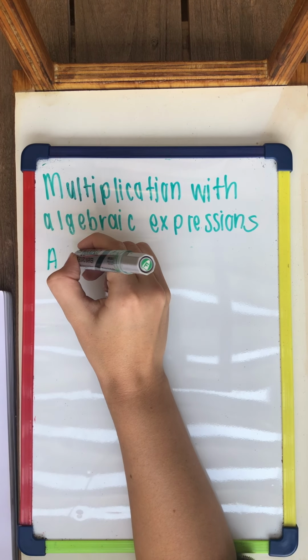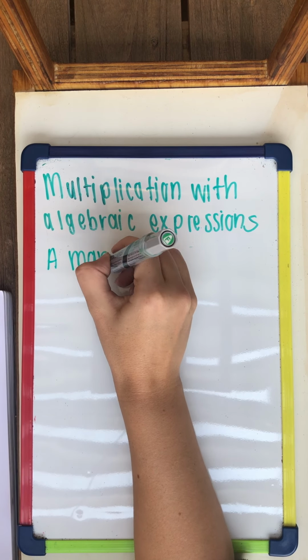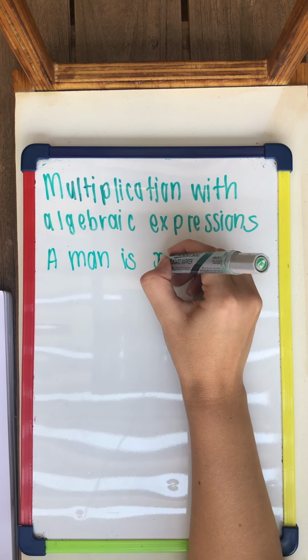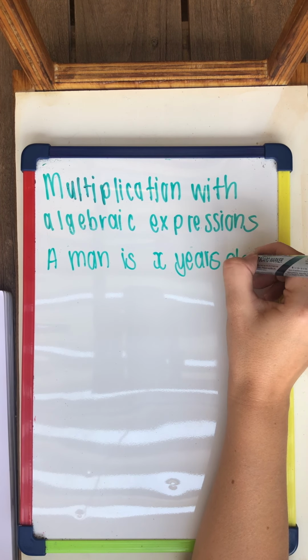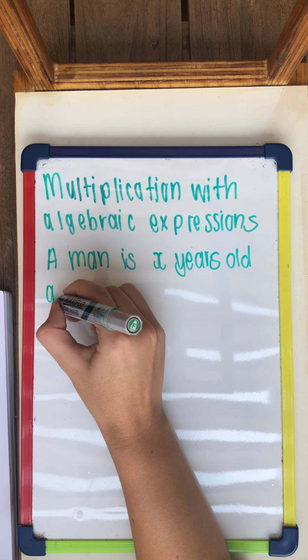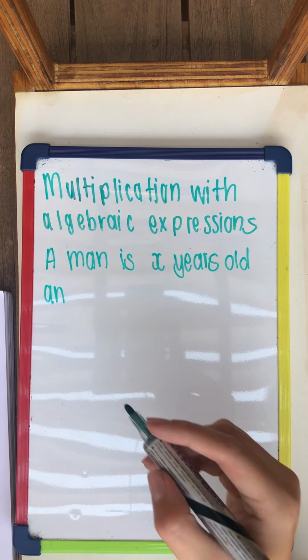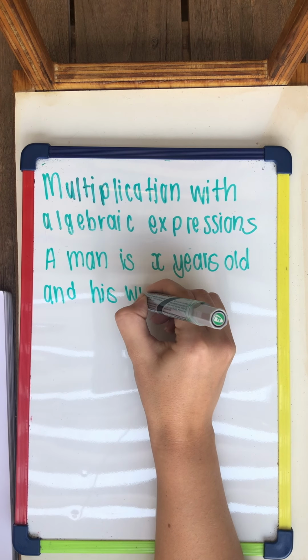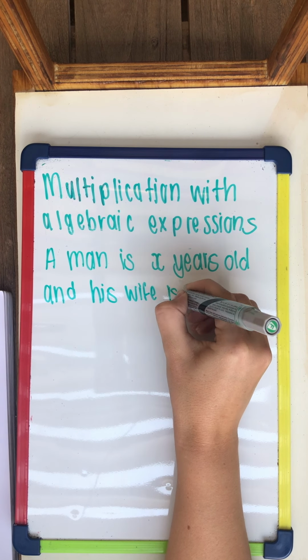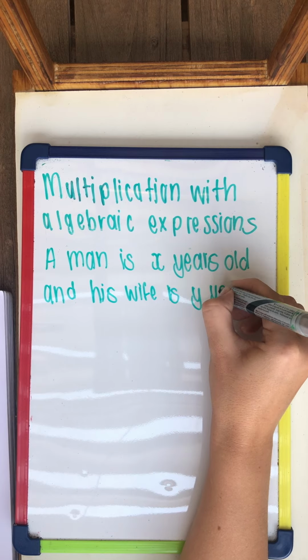Okay. Then let me do a word sum with algebraic expressions. So a man is X years old, and his wife is Y years old.